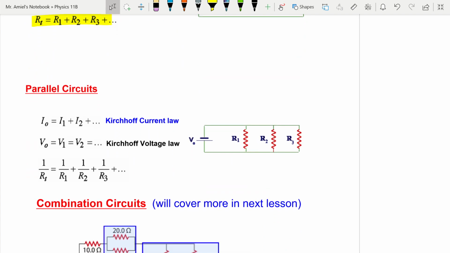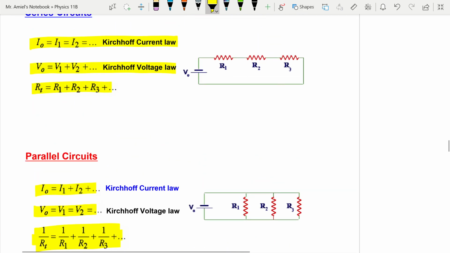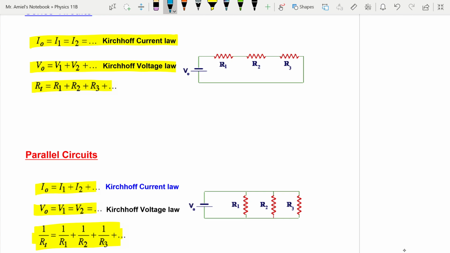For parallel circuits, again, we've got our current law, we've got our voltage law, and then we've got our total resistance expression that we've made up. Okay, so again, last little thing, let's just remind ourselves these are equivalent to the total.